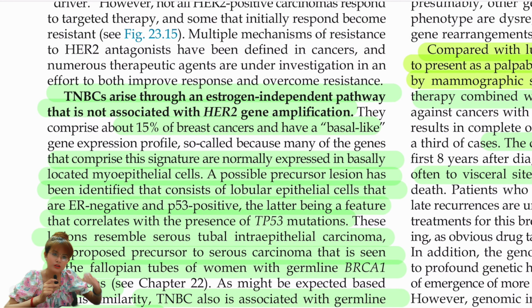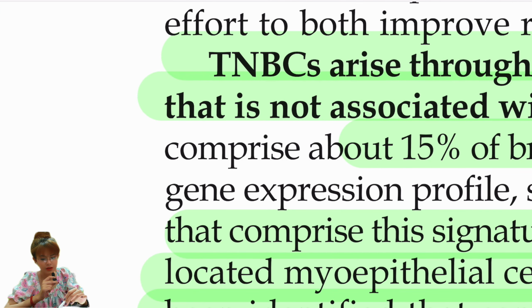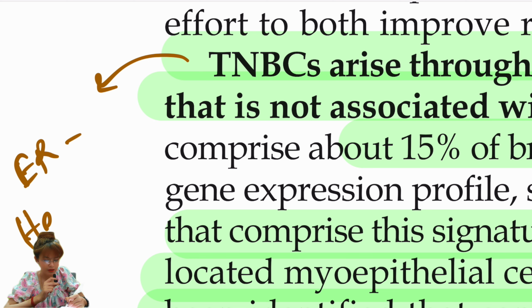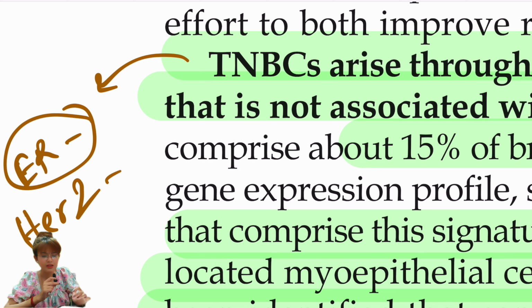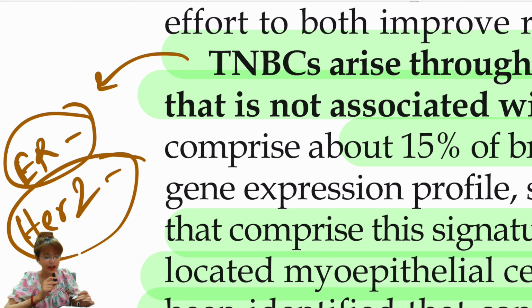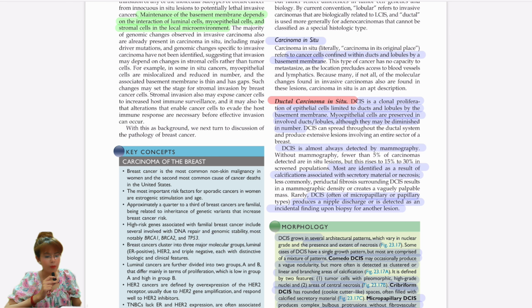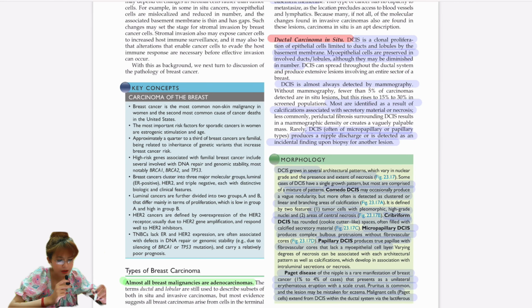And they are also not associated with the HER2 gene. So in TNBC, it is ER negative and it is HER2 negative, so both of them are negative, right? ER negative means it is having no effect of estrogen, and HER2 negative means the HER2 gene is not amplified here.